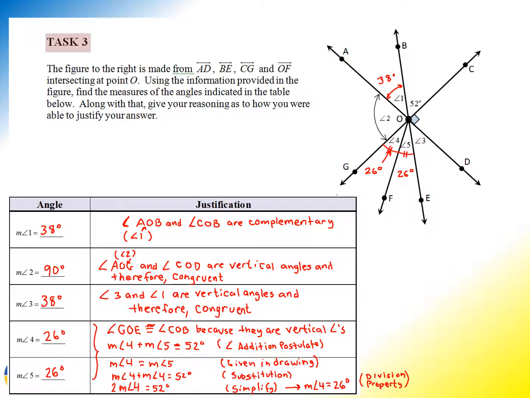Angle GOE would be 52 degrees because it's a vertical angle with a 52 degree angle, BOC. Angles 4 and 5 make up angle GOE, and each one of them are congruent to each other. So they have to be two equal angles that make up 52 degrees, which makes each one of them 26 degrees. And so that's the explanations you're seeing down there. But marking up the figure certainly does aid one with that.